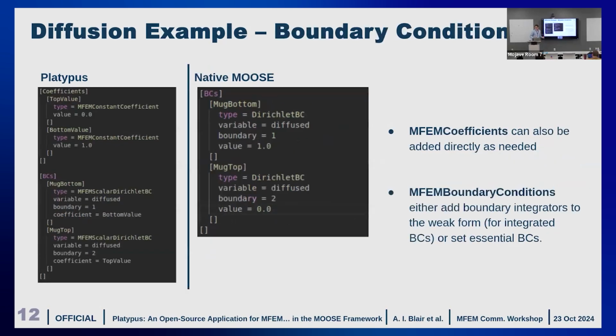For boundary conditions, it's fairly similar for integrated boundary conditions. For Dirichlet conditions, for essential boundary conditions, we have vector coefficients. Here we're just defining, say, a working instance. We can explicitly tell Moose to construct coefficients without going through the material interface, which we want at the moment.